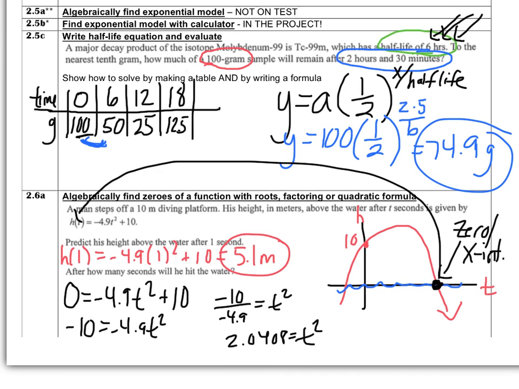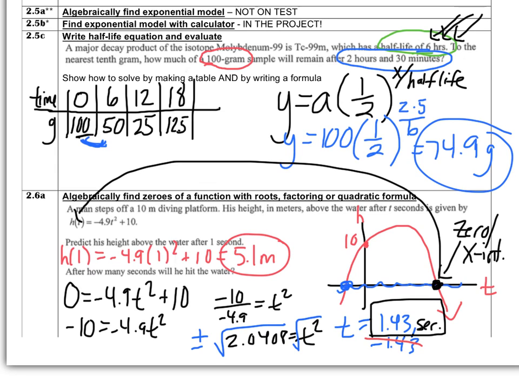Now to simplify and solve, take the square root, which will be plus or minus, by the way. When you do this, time's going to be either plus 1.43 or minus 1.43. Now the minus is right here, which is backwards in time, so the minus doesn't make sense, so I cross that one off and say the answer here is 1.43 seconds.